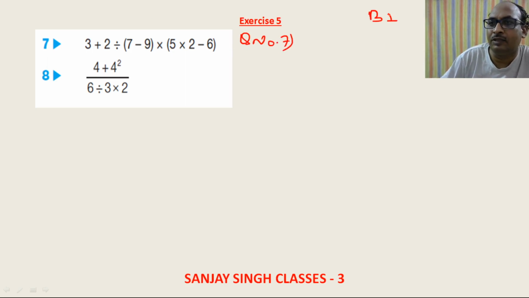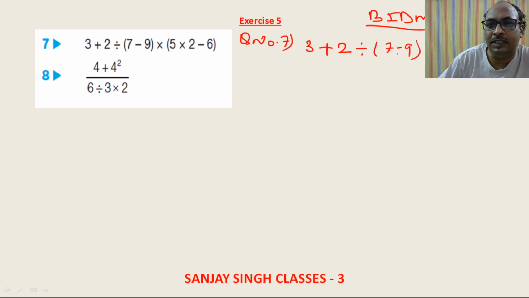Again I will write at the top BIDMAS, just to help you remember which has to be given preference first. So the question given is 3 plus 2 divided by 7 minus 9, which is in bracket, into again bracket 5 into 2 minus 6.